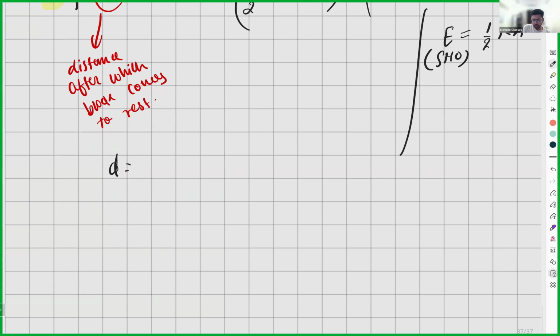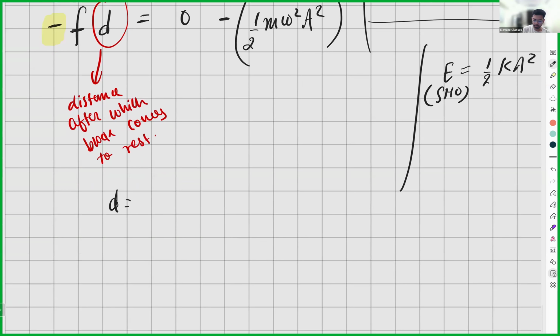So this d becomes half m omega square A square divided by F. F can be written as mu into N, the normal reaction. So mu m g. This is the frictional force.